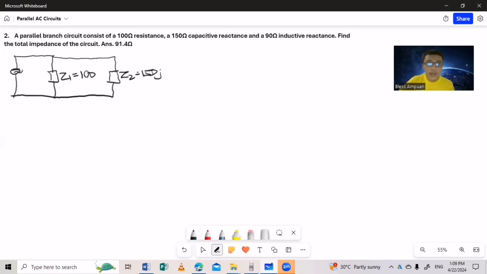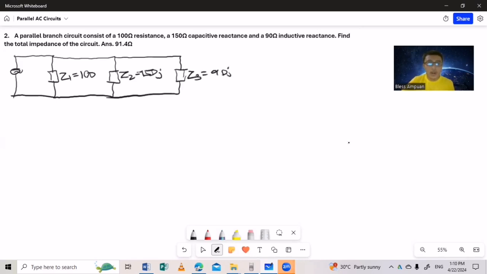Since it is capacitive reactance, this is negative. And for the last, our inductive reactance, this is our Z sub 3, which is equal to 90 J.